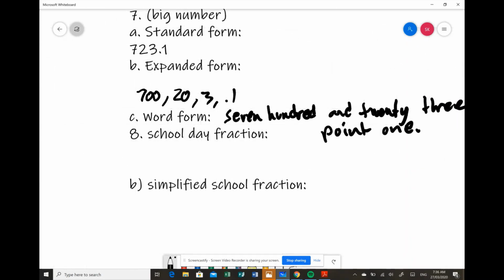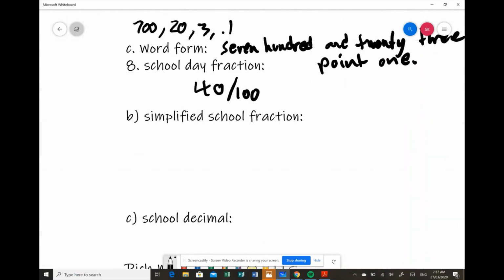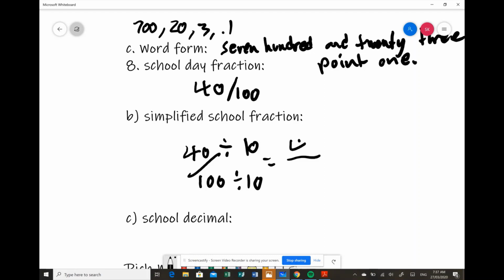School day fraction, we're on day 40. So 40 over 100. And we can definitely simplify this because we can divide both of these numbers by 10. So that would make the 40 a 4 and the 100 a 10, and we can divide it even more.